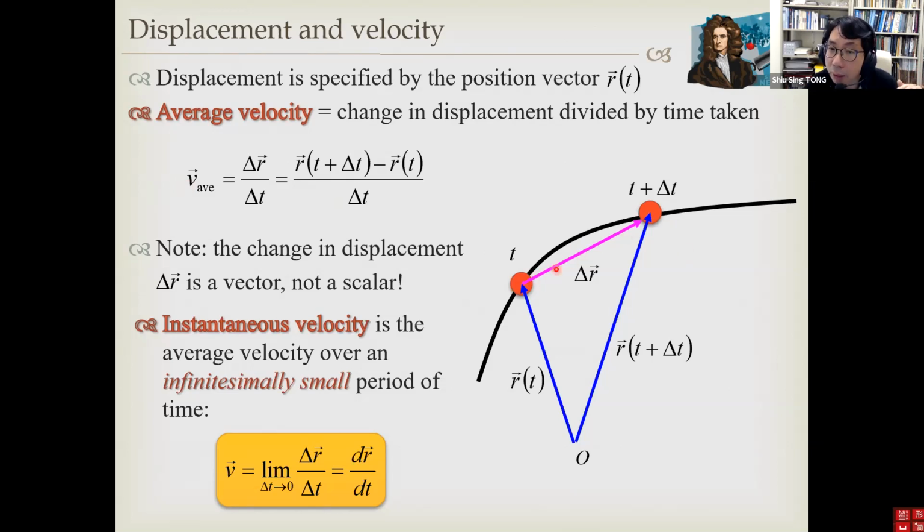When the two points get very close together, the pink line will tend to a tangent to the trajectory. So that is the direction of the instantaneous velocity. The instantaneous velocity is tangential to the trajectory of the particle. So at time t, the instantaneous velocity goes in this direction. It's tangential to the path of the particle, or the trajectory of the particle.